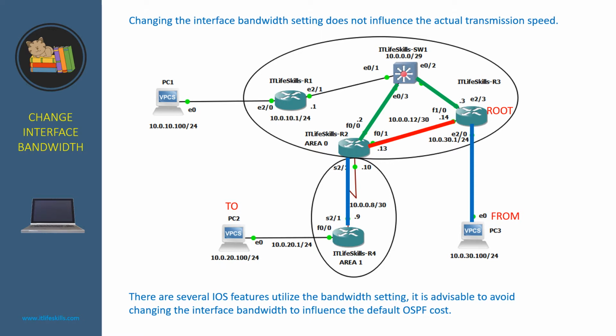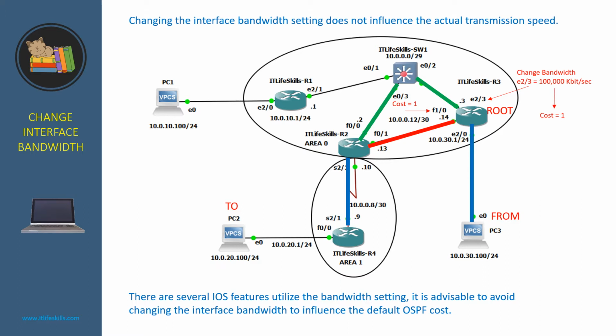Now, let's talk about the change that we will make. As you may remember, on IT Life Skills Router 3, the cost of the FastEthernet interface F1/0 is 1. Now let's change the bandwidth of the Ethernet interface E2/3 to 100,000 kilobits per second, so that it has the same cost of 1 as the interface F1/0.